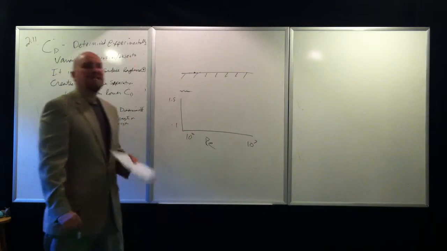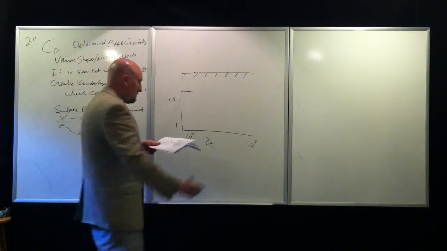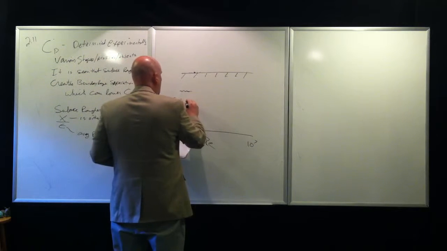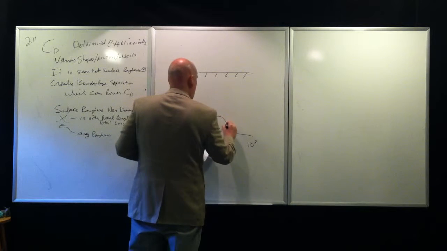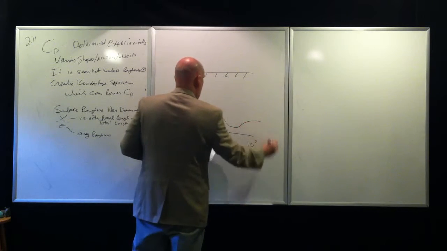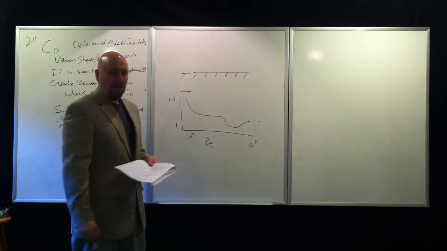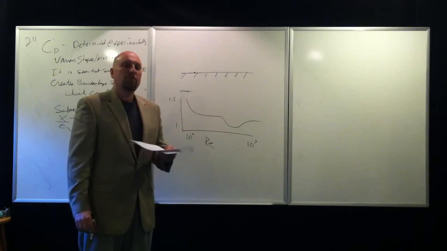This is going to be a representative scale, but you might do something like this. You have your dip and then going up. So again, your dip is going to be where you turn into turbulent flow.